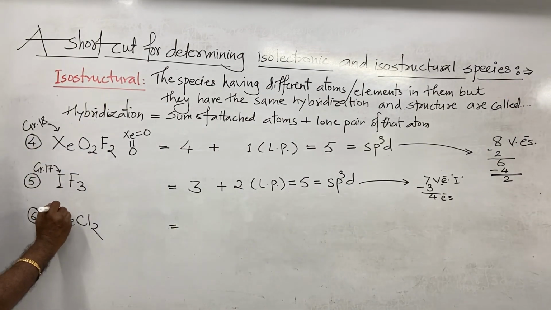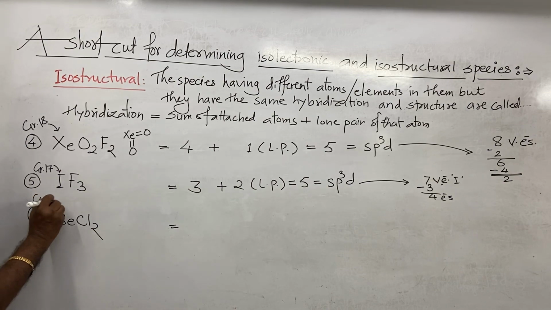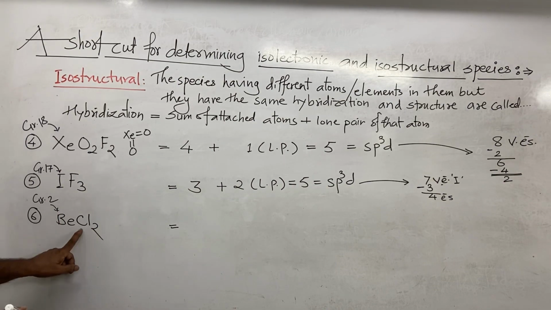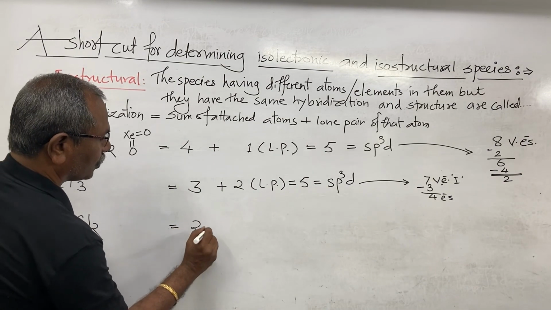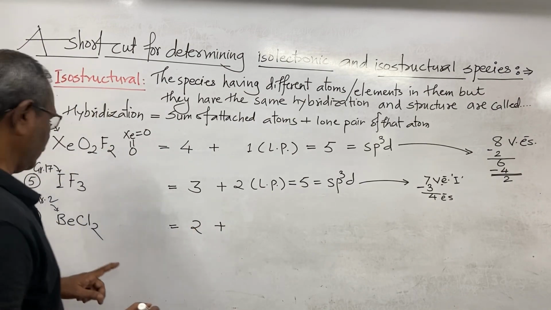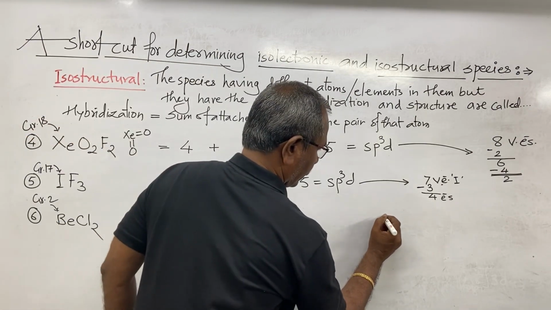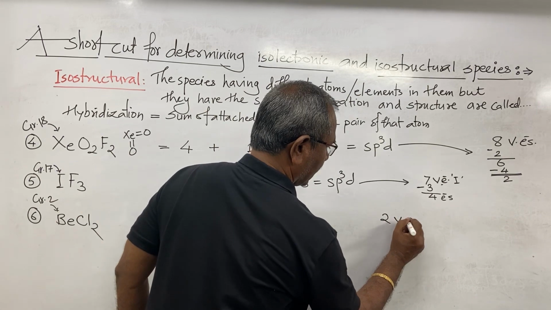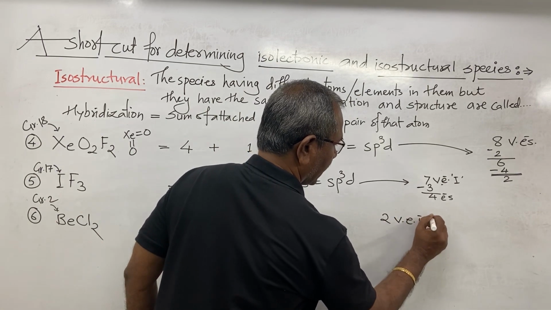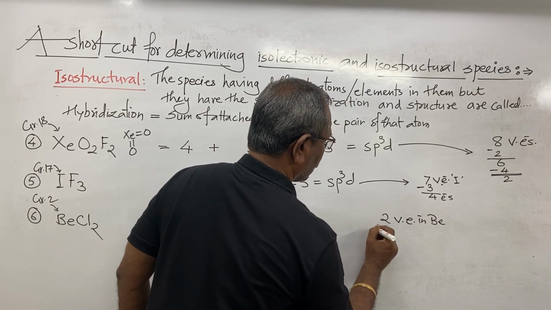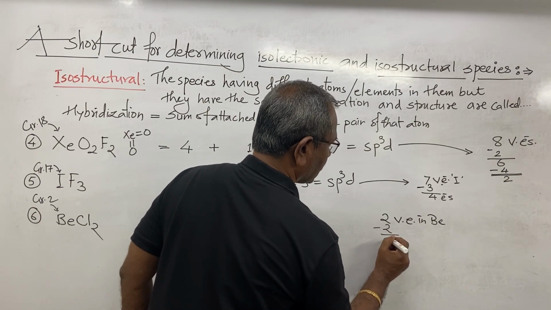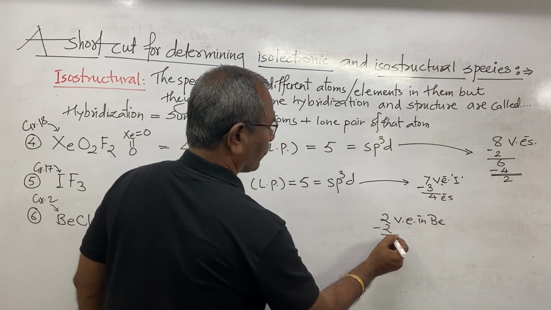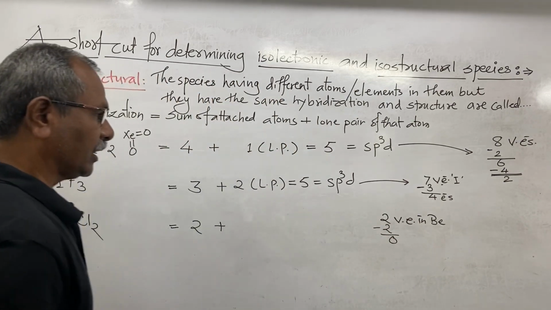Beryllium belongs to group 2 and 2 Cl atoms are attached. So 2 valence electrons in beryllium. Out of 2 electrons, 2 are used in the bond formation. So 0 electrons are left.